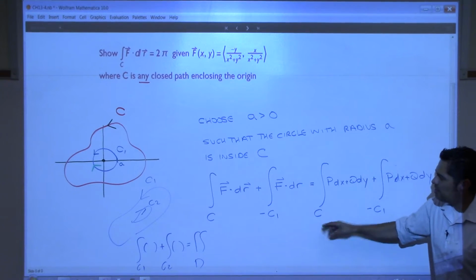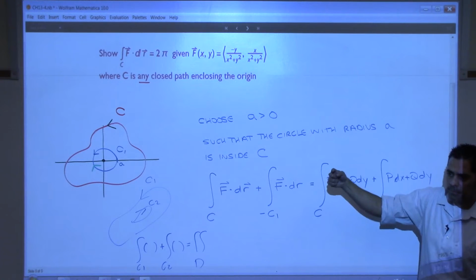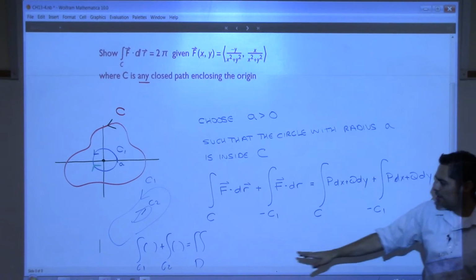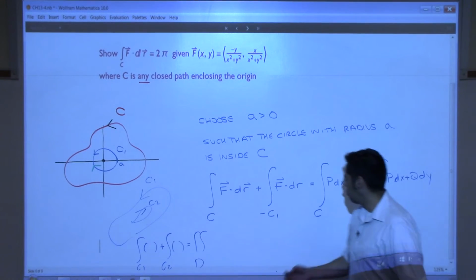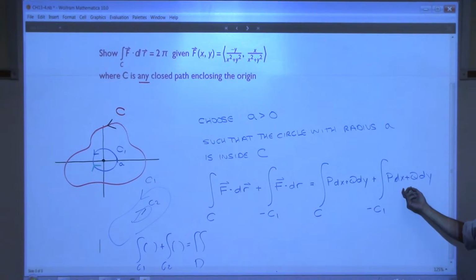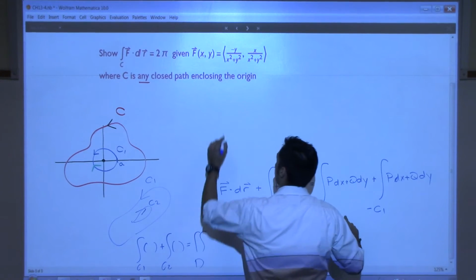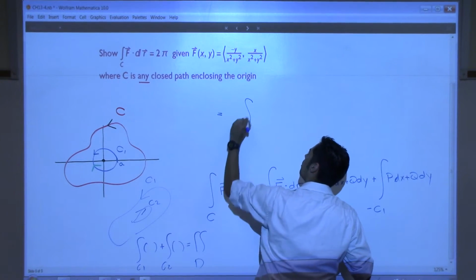Well, this C goes positively oriented. This negative C1 is negatively oriented, just like in the formula here. So shouldn't this turn into Green's theorem? Yes? Okay, keeping the equals going here, this should be equal to the double integral over what?